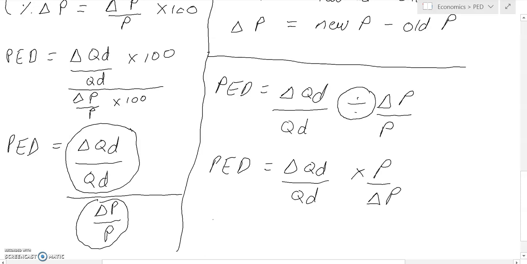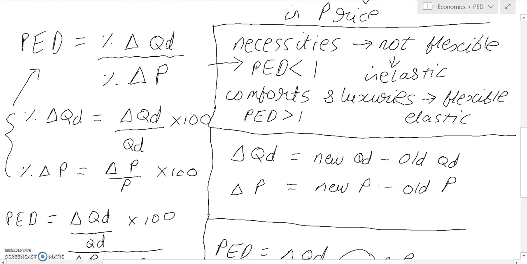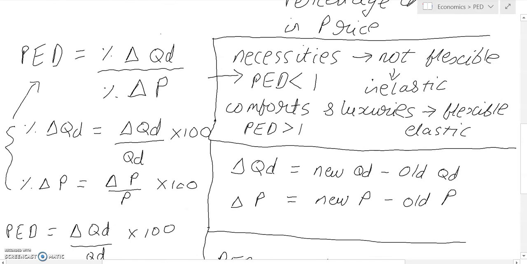We could leave it at this, but we can simplify it further and put the triangles one below the other: delta QD upon delta P into P upon Q. So when we solve elementary sums for price elasticity of demand, this is the formula we normally use, unless the wordings in the question require us to directly make use of the percentage formula.